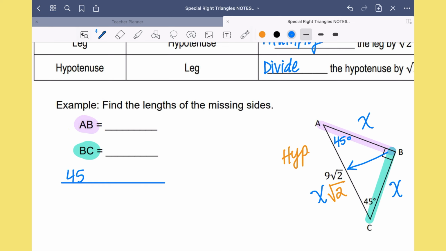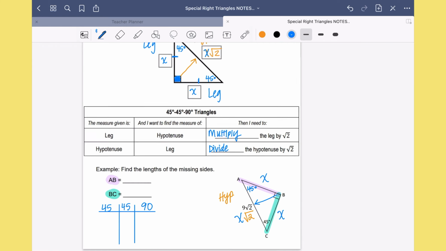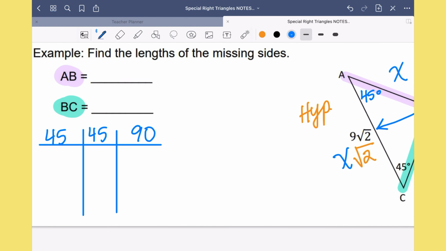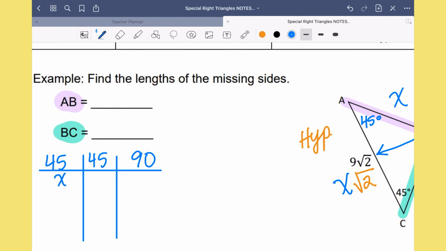We're going to make a table: 45, 45, and 90. And the rule that we found was that the legs are x and x. And across the 90 degrees, we have x times the square root of 2.